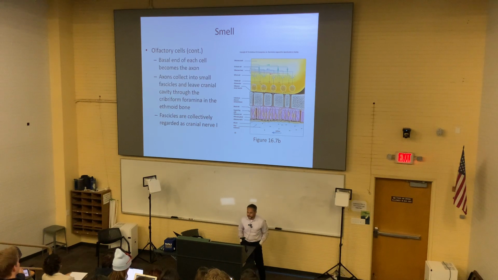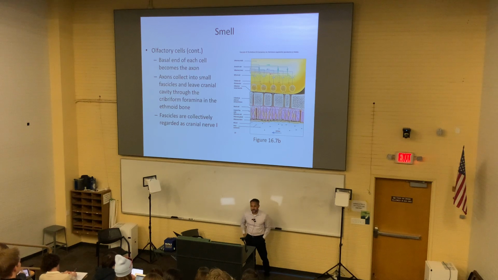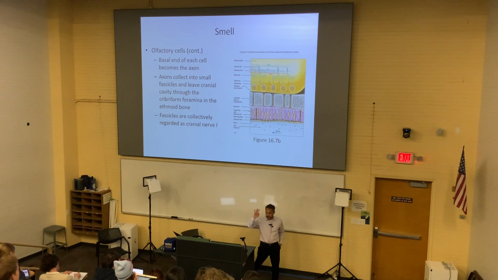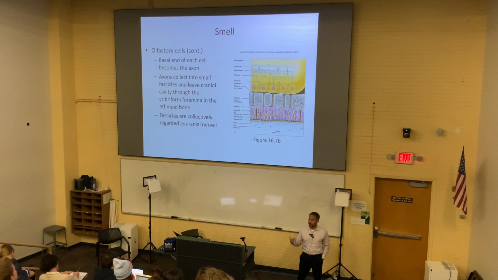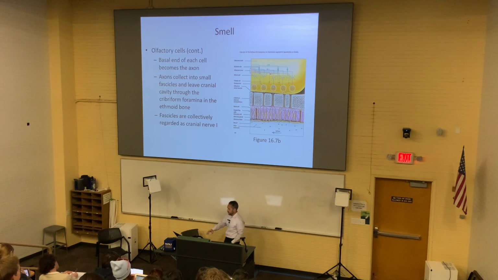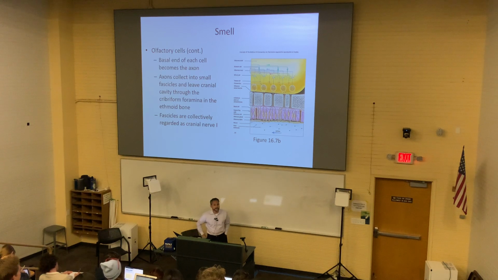So to continue, the basal end of each cell becomes the axon. The axons collect into small fascicles and they leave the cranial cavity through the cribriform foramina, the holes. And the fascicles are collectively referred to as cranial nerve 1. Cranial nerve 1 is referred to as what? The olfactory nerve.